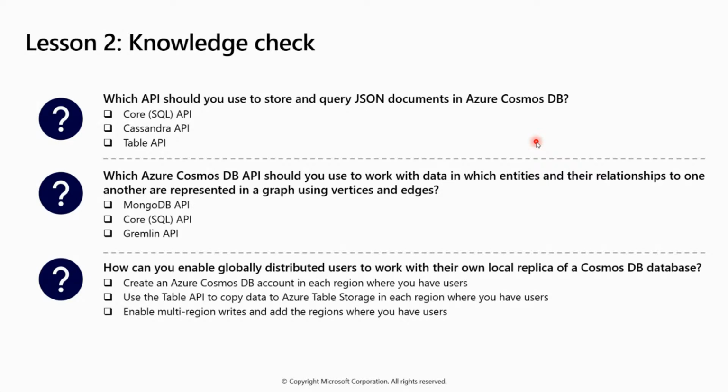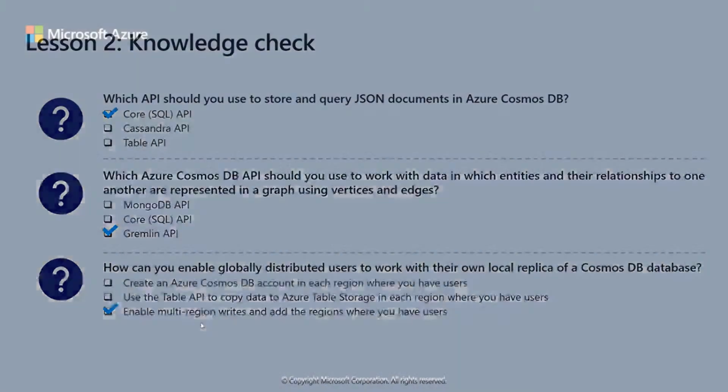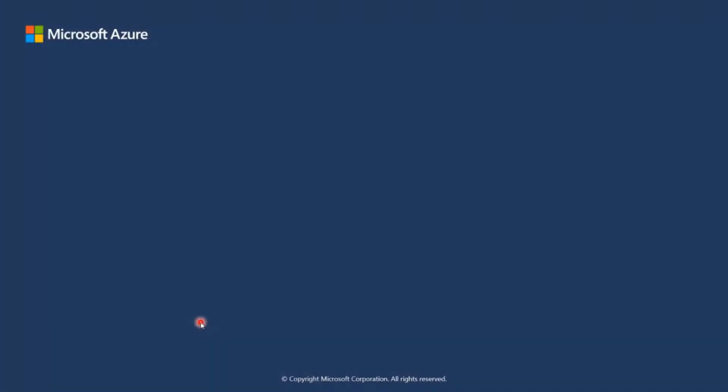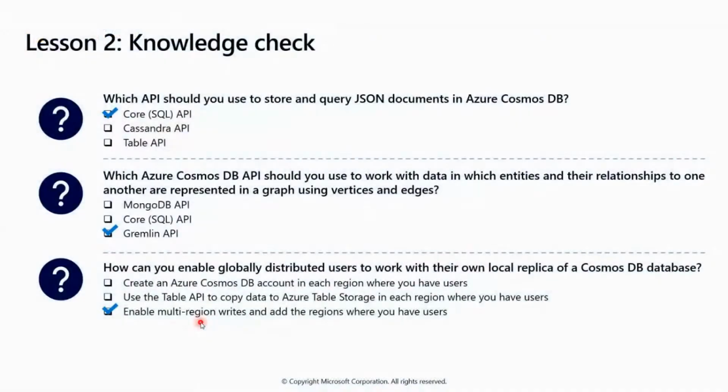And how can you enable globally distributed users to work with their own local replica of a Cosmos DB database? So Gremlin for graph, core SQL for JSON in Azure Cosmos DB, and for globally distributed users you will enable multiple regions. With this, we have completed today's list of components and topics.